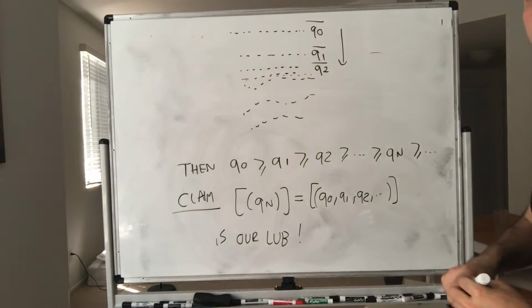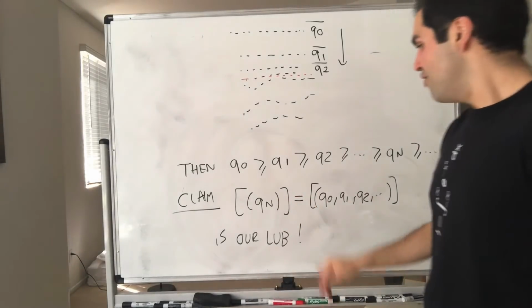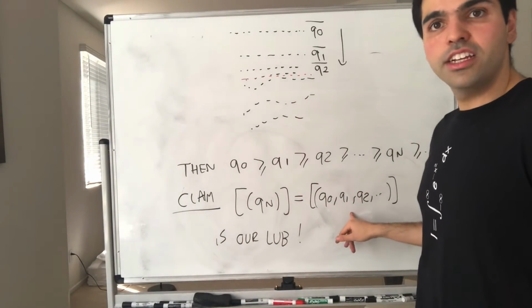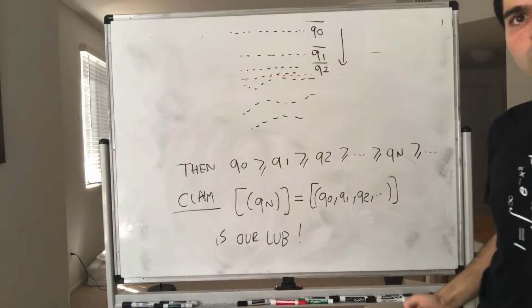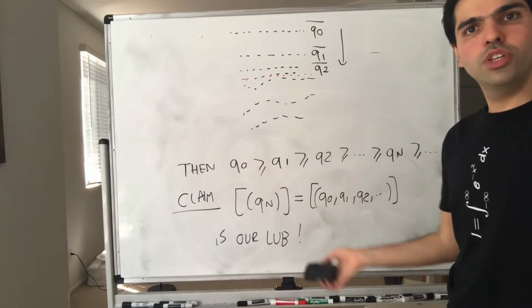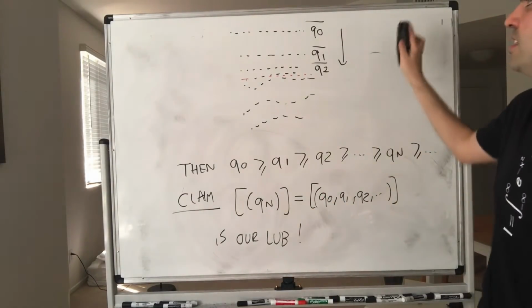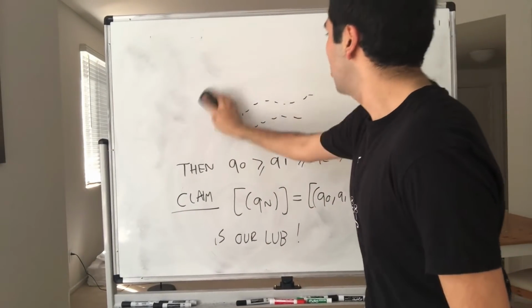Okay, so what do we need to show? 3 things. First of all, it's not even clear that the Qn is in our set. So we first of all need to show that Qn is Cauchy. Then we need to show that Qn is an upper bound. And lastly, we need to show that Qn is the least upper bound.